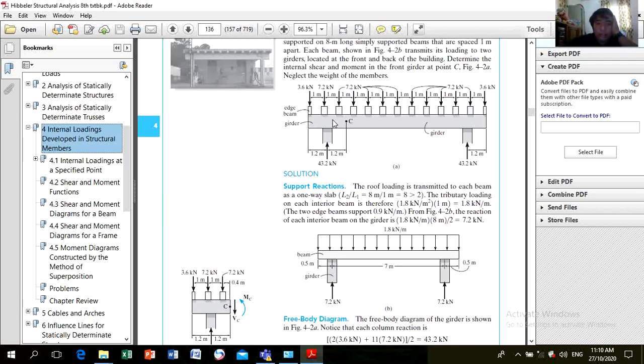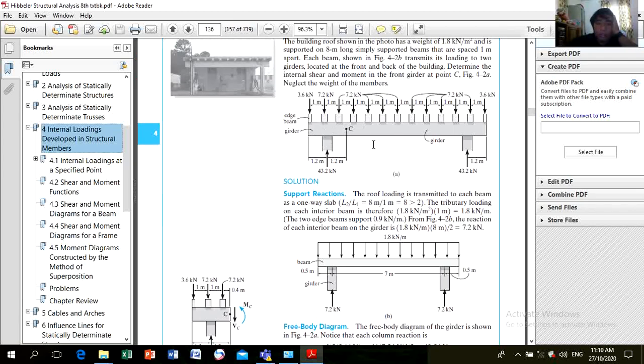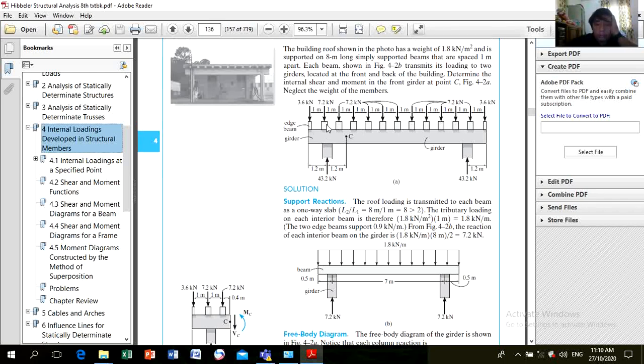Okay? So again, maybe some of you are confused. We will have a recap. This beam carries a roof which has 1.8 kilonewtons per meter squared. But if you consider this beam, it will carry half of this one and half of this one. Therefore, this beam carries 1 meter by 8 meters length.